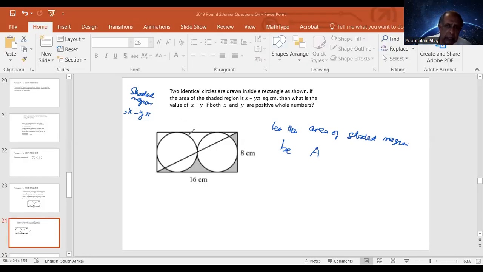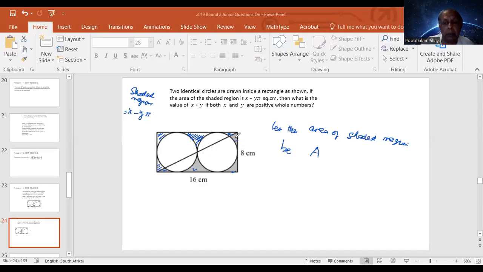This part here is identical to that white part. And this part here is identical to that. And this part here is identical to that. And finally, this part here is identical to that.